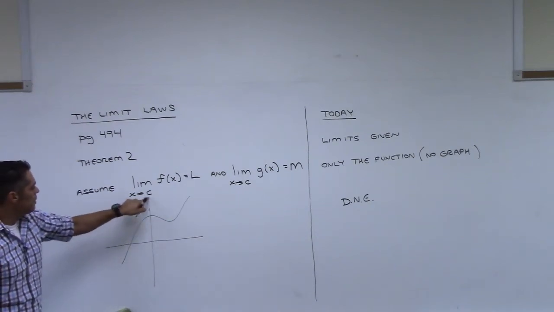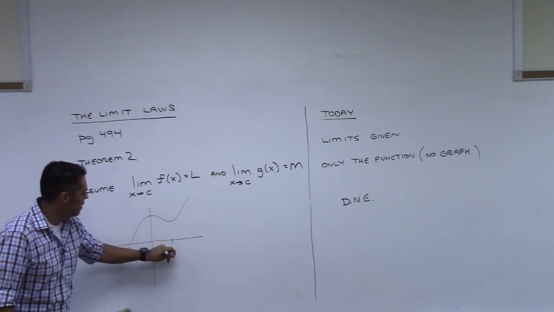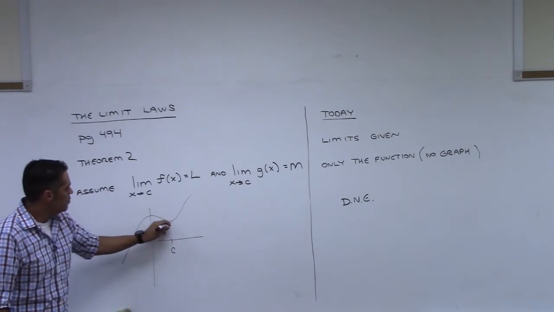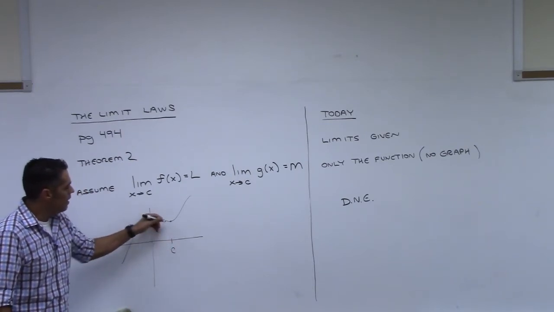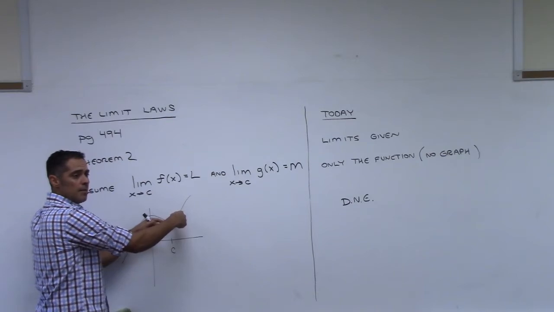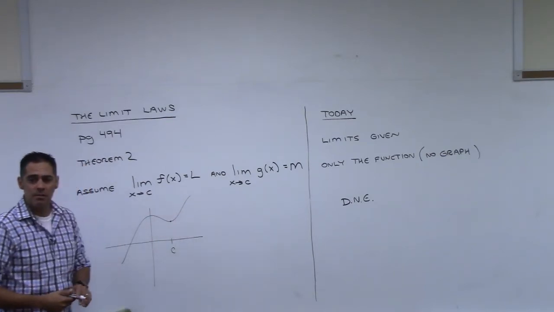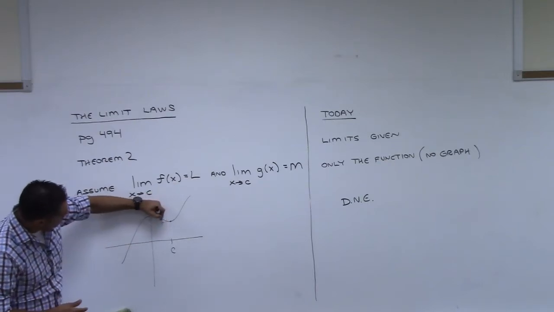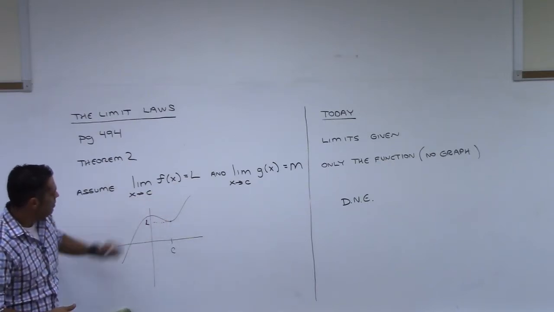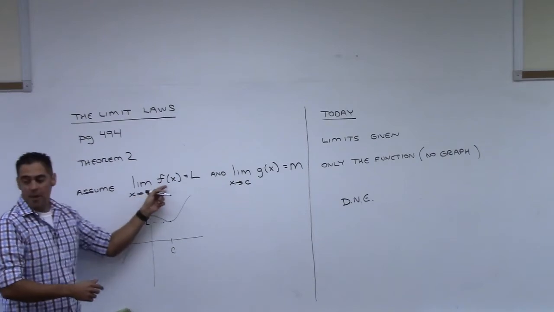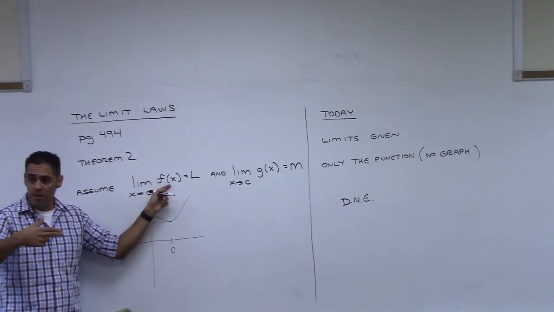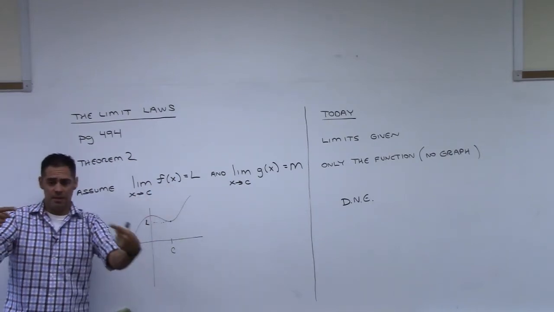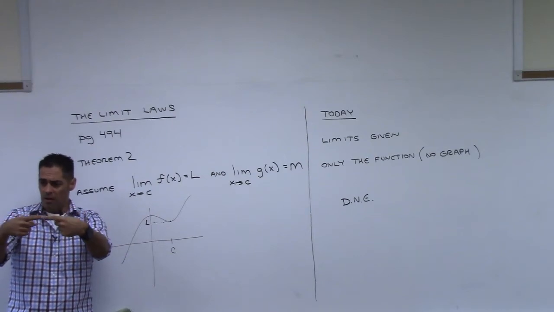And it says that as we approach c, so let's just pick a value c, as we approach this point from the left and from the right, they go to the same point, and that the answer is L. That means that the height of this function is L. So by stating this as being true to start with, they are telling us that the function goes to the same place from both sides, all right?